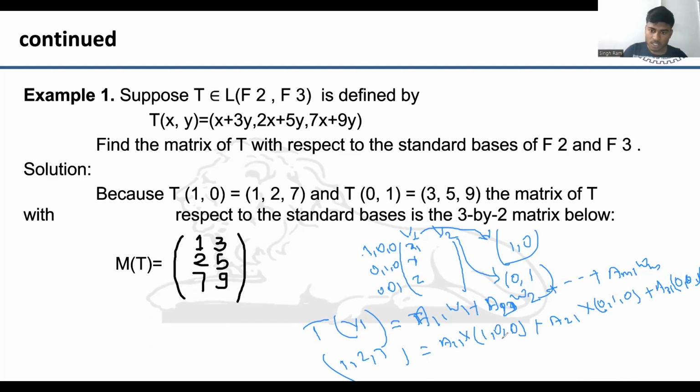So 1 2 7 will be equal to a11, a21, a31, and we take a11 as 1, a21 as 2, a31 as 7. Similarly, we can find these elements.